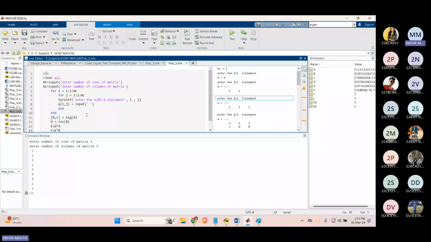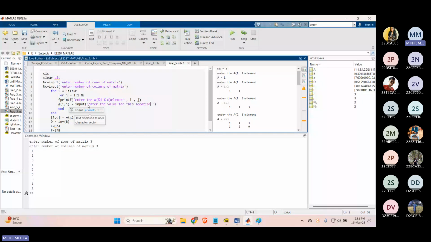Okay, here, let's write this again. Say, enter the value for this location, for example.